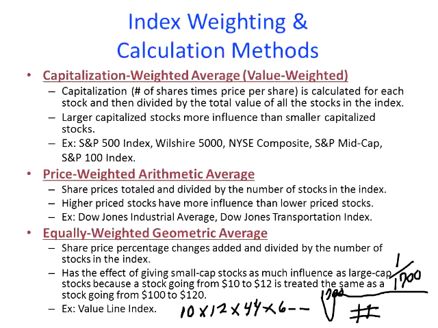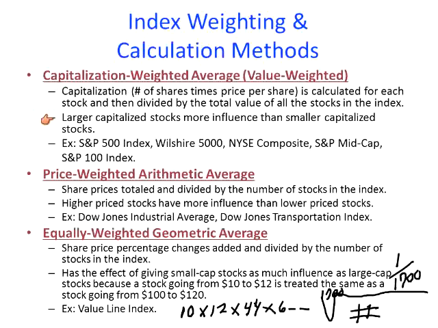Now, so what is your takeaway from this slide? Number one, there are 3 different index weighting methods. Every one of them uses the value weighted, with the exception the Dow uses the price weighted, and the Value Line uses the geometric average. And then the other takeaway would be the second bullet point here.